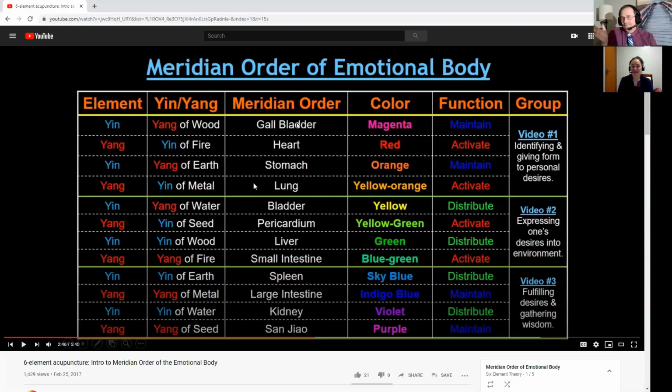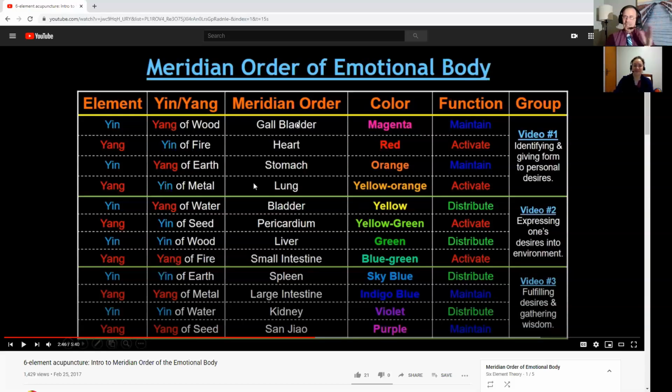This is fantastic. This is not new information, but what is new is that now we can place each meridian with each step of that emotional development. Now we can see which particular specific meridian is associated with each step of that emotional development. That's the big thing that we can do now.